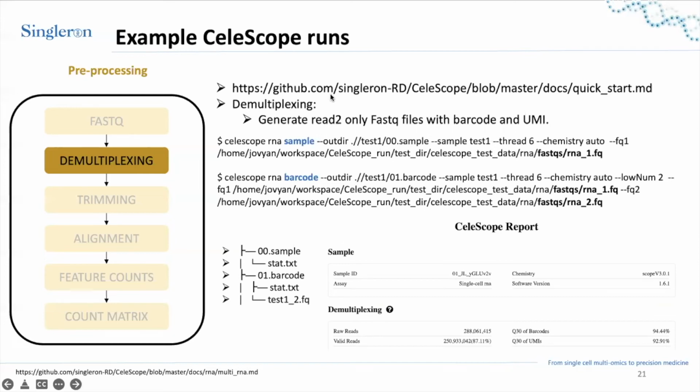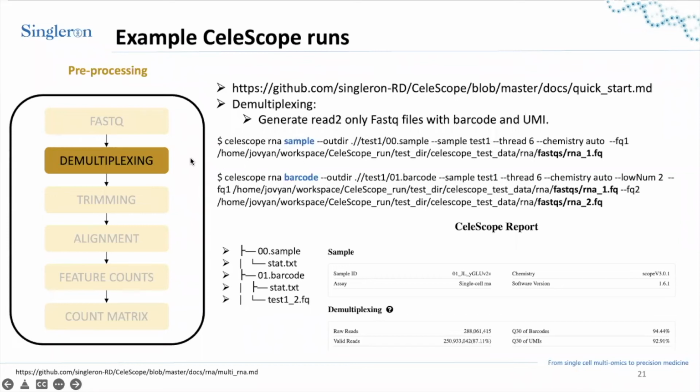Actually, Cellscope itself as a pipeline tool is a one-step tool that will automatically generate all of these steps for your analysis. You do not need to run all of these steps by hand. You only need to run Cellscope at the top level, and all of these commands will be generated for you.